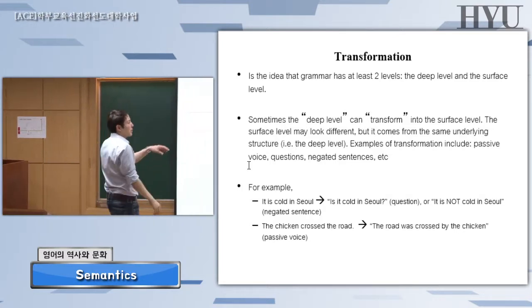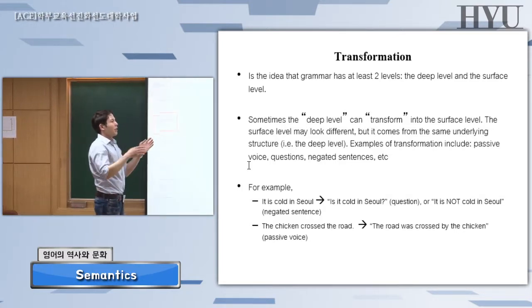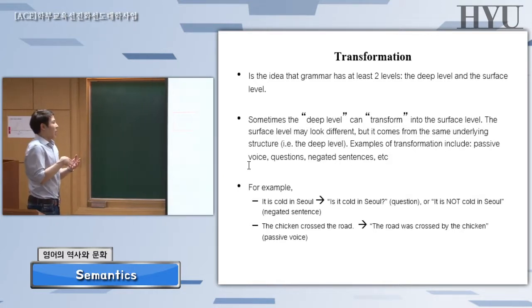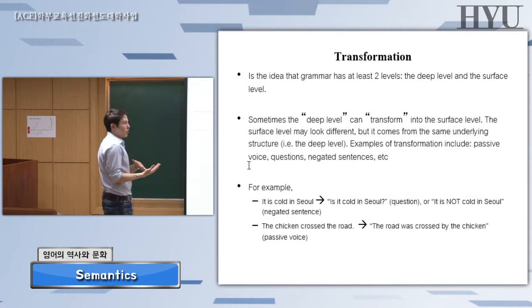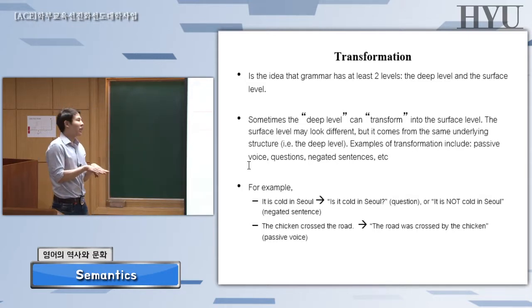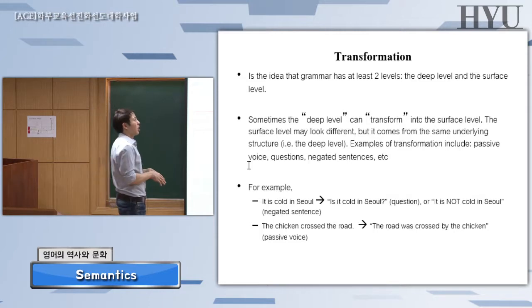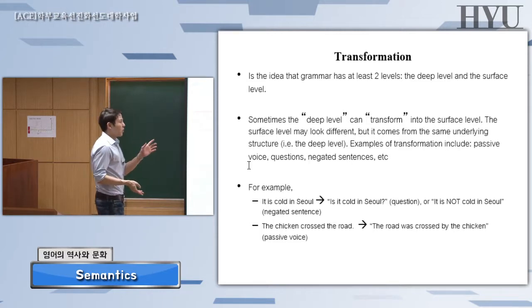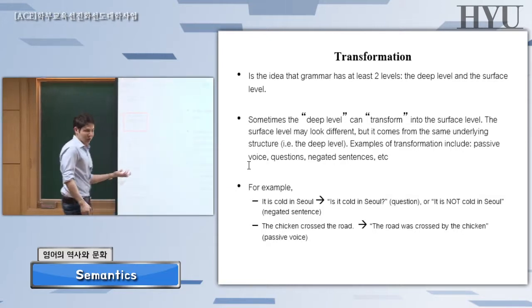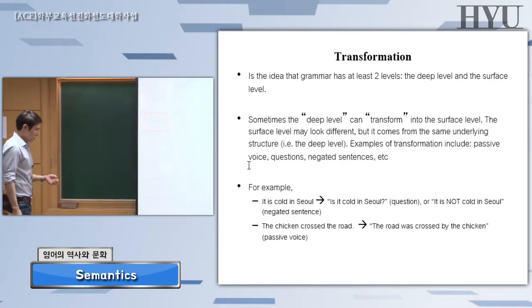And sometimes the deep level can transform into the surface level, and the sentence may look different, but it comes from the same underlying structure. We call it underlying structure or the deep structure. And we will focus on questions in this class.